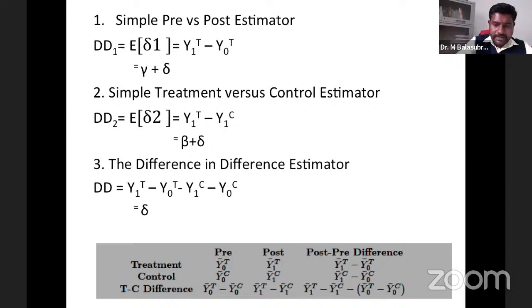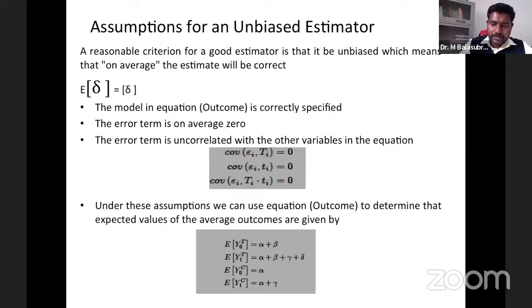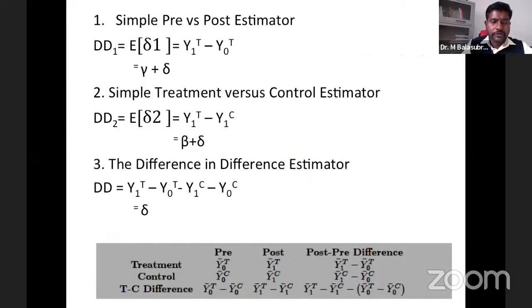Okay, if you apply the earlier notations in this equation, the final equation comes as gamma plus delta, whereas it may not give your original effect, because this is your true treatment effect and this is the time trend you have added here.